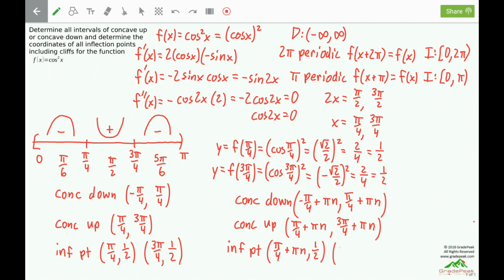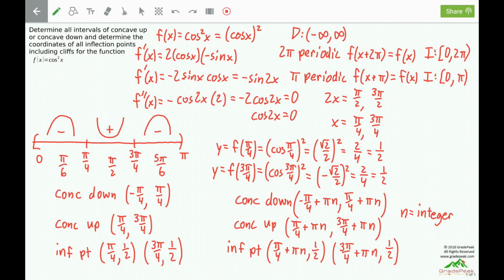And we have 3 pi over 4 also plus pi n and corresponding y-coordinate of 1/2 that will not get a pi times n, where here n is any integer. It can be a positive, it can be a negative, it can also be a 0.